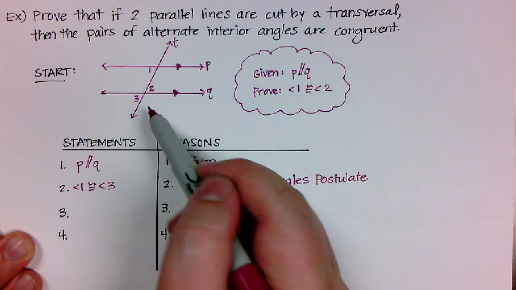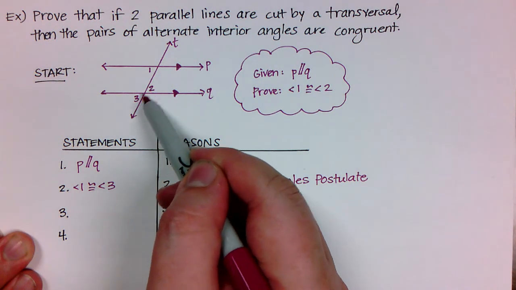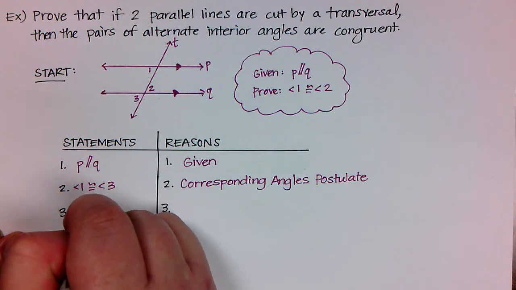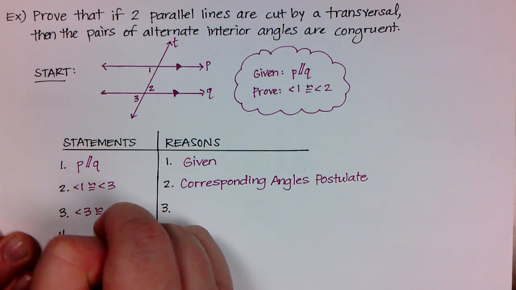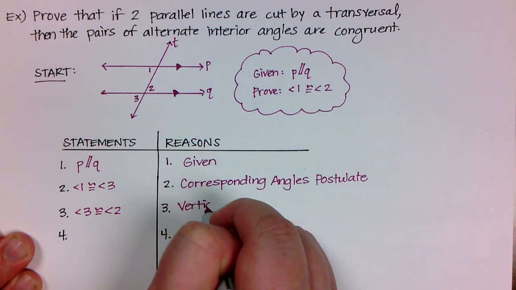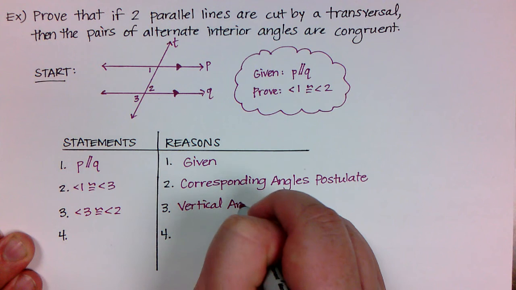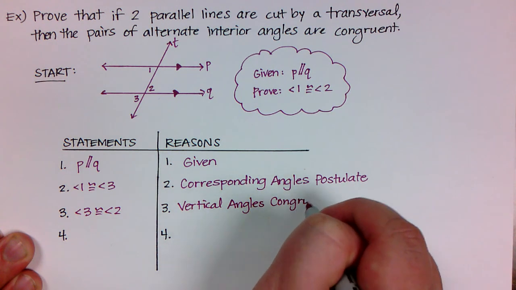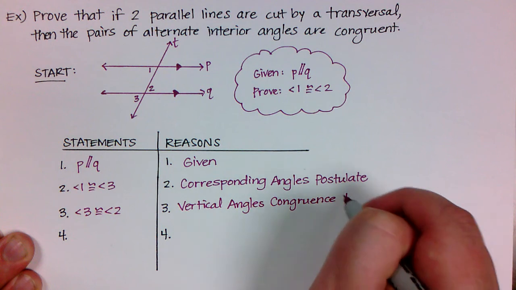Also, looking at my diagram, I know that angle 2 and angle 3 are congruent because they're both vertical angles. So why don't we say that? That angle 3 is also congruent to angle 2 because of the vertical angles congruence theorem.